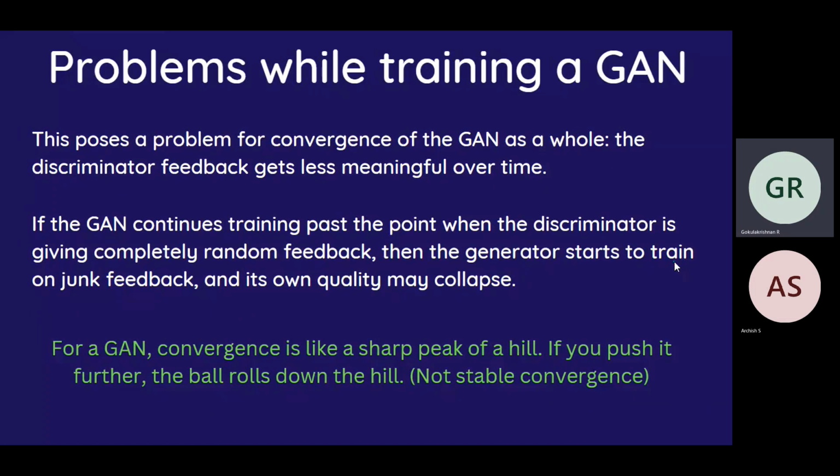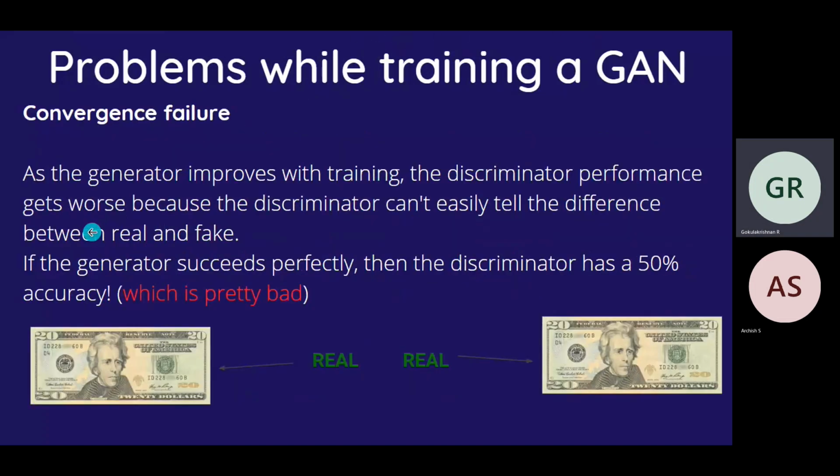This is pretty bad because in the previous image, this is clearly a fake, and we know that. But the discriminator starts guessing, and suppose it tells us this image is real all the time. That's the wrong answer, right?